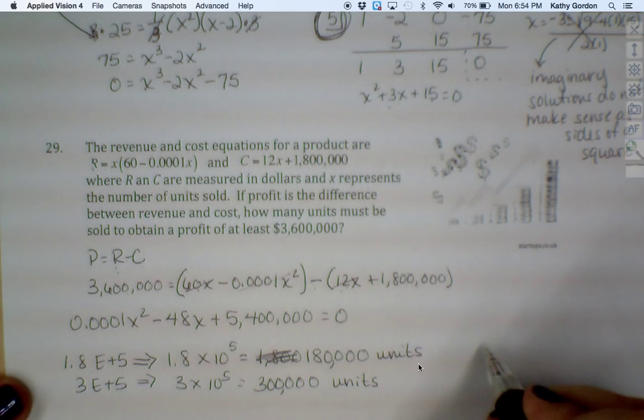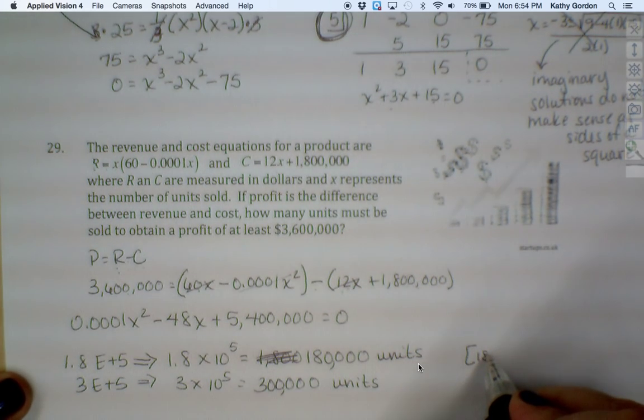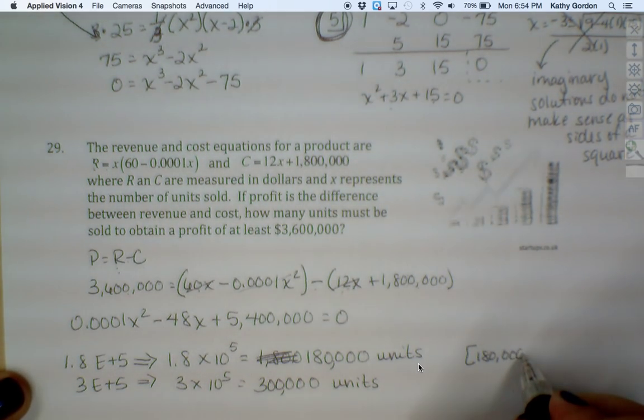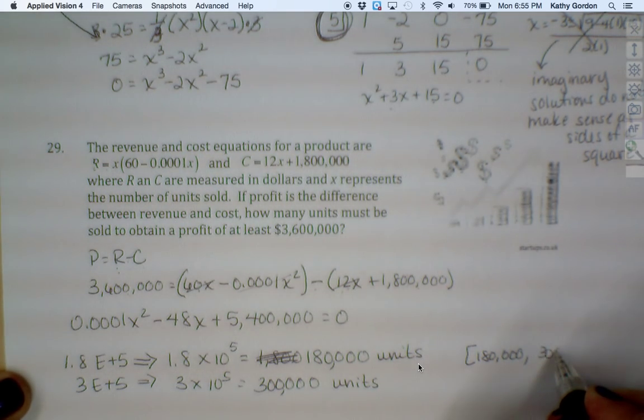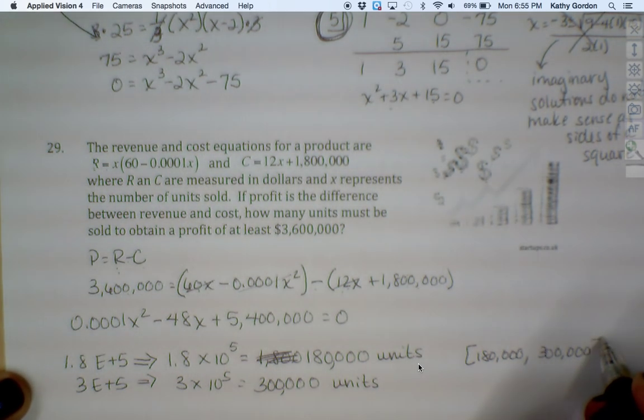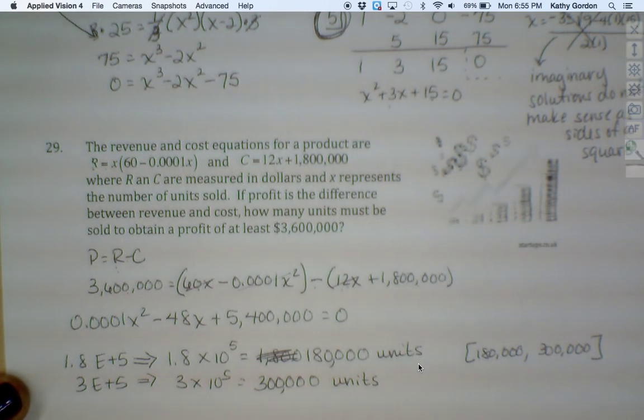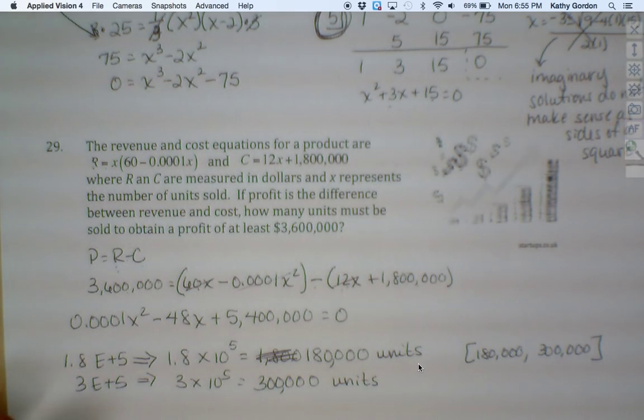So pretty much anything between 180,000 to 300,000 would work. I know that's a little bit different than what you saw in the answer key, because in the answer key I only had the 180,000, but as I'm thinking through it again, working through this with you now, it really should be anything in between those two numbers.